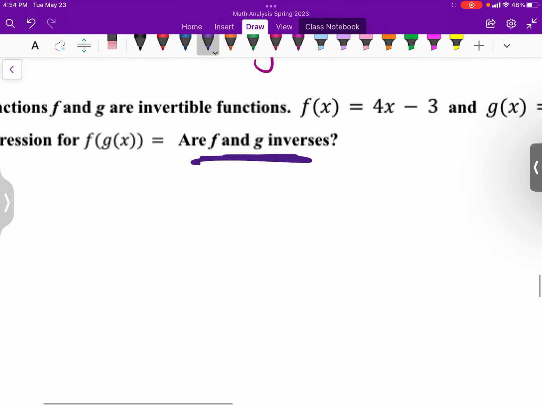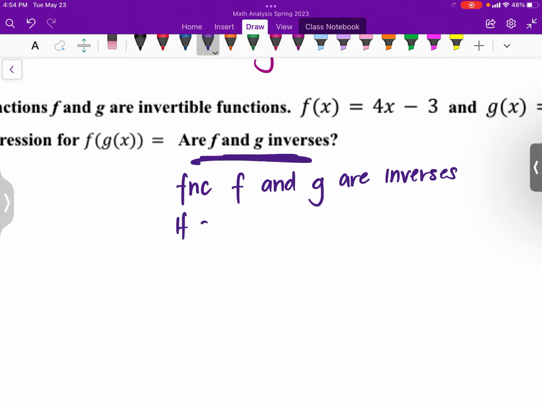The only way f and g are inverses in this case is, let's see, functions g and f, or f and g, are inverses if and only if our function in this case, which is f of g of x, is equal to x.